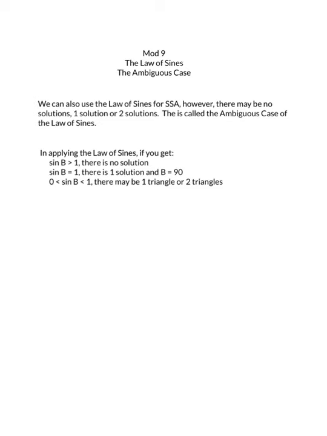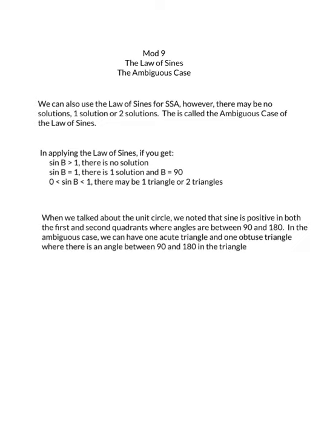If you get the sine of angle B equaling some number between 0 and 1, then there may be either one triangle or two triangles. If you think back to the unit circle, we talked about that the sine will be positive in the first and second quadrants because the y is positive there.